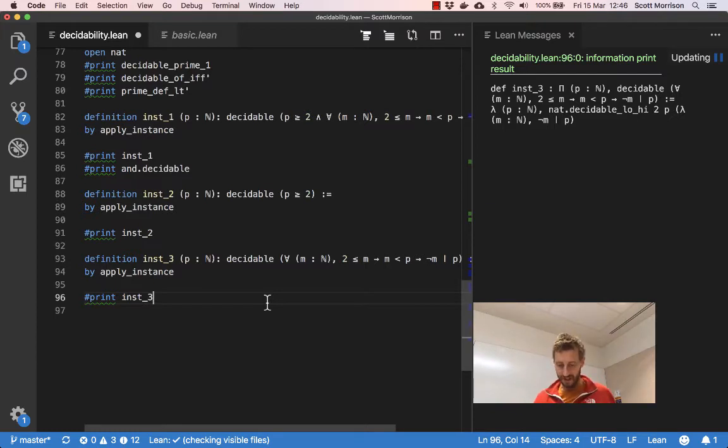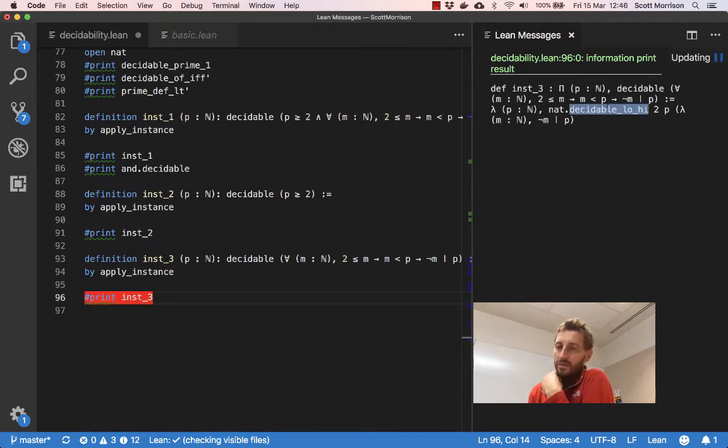And something pretty interesting happened there. Okay. This is definitely the interesting step. So it's used some instance nat.decidable low high.